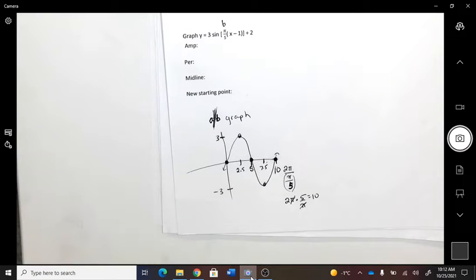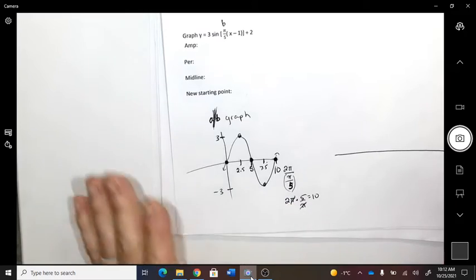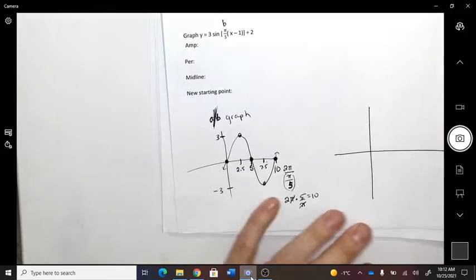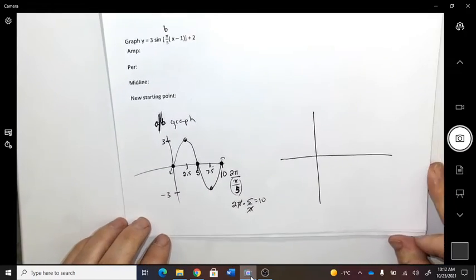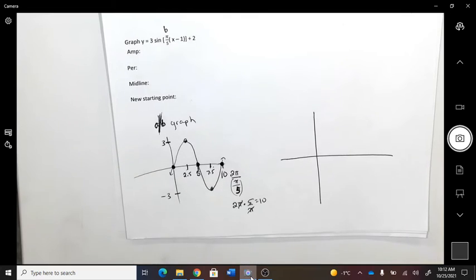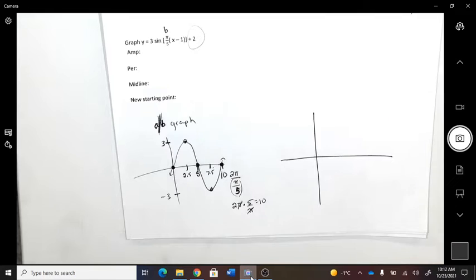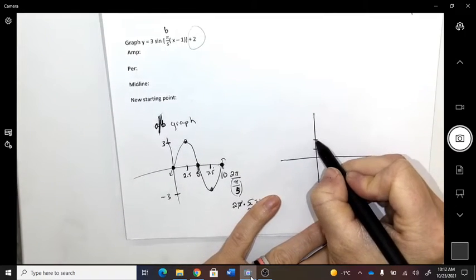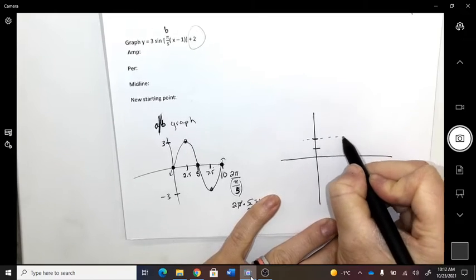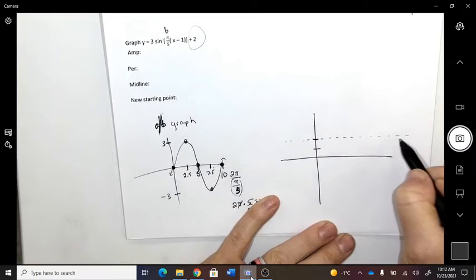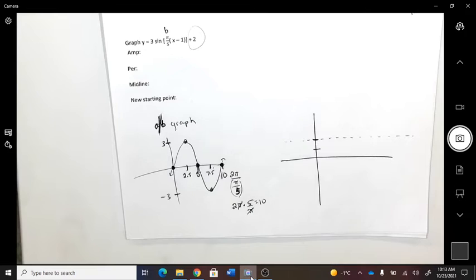Okay, now we're going to do the shifts. So that's not your final graph. I'm going to do the midline first. So I see a +2. To help myself out, I'm going to draw a dashed line at 2, because I know that's going to be the middle.